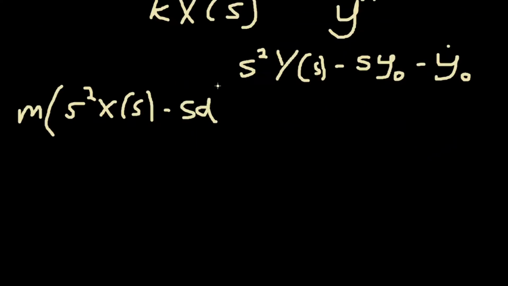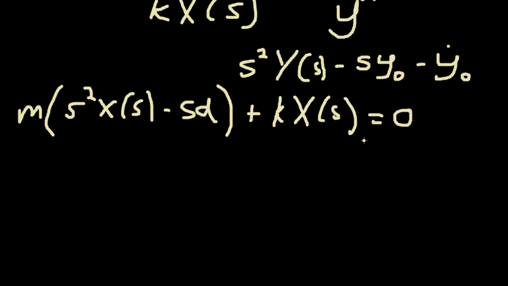So I'm not even going to bother writing that. Plus k times big X of s is 0.